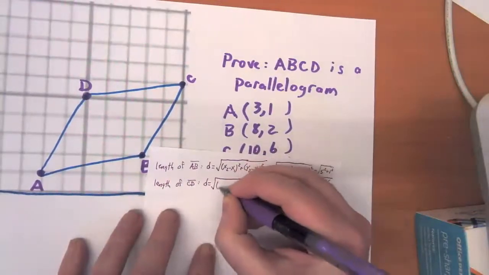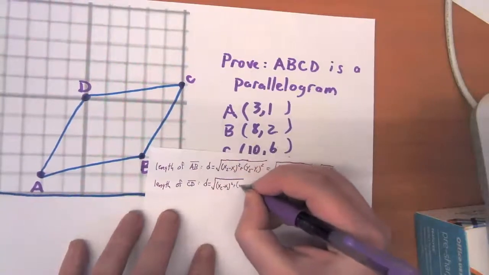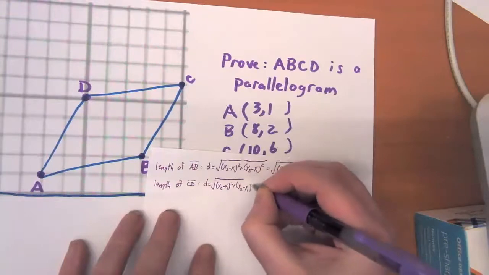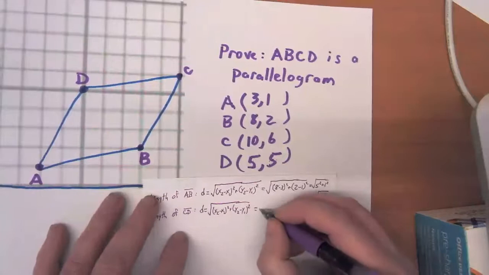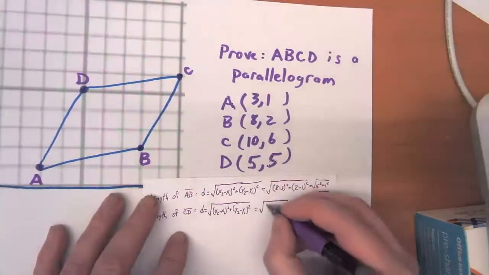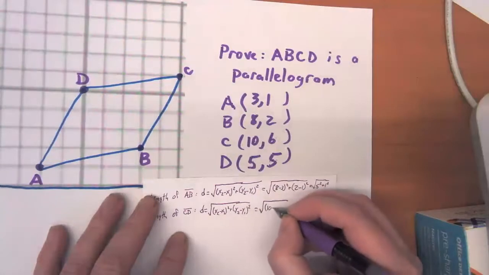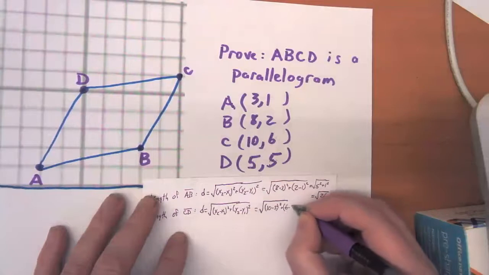Same formula, x2 minus x1 squared plus y2 minus y1 squared. This time, using these coordinates, the difference between the x coordinates is 10 minus 5, and the difference in the y coordinates is 6 minus 5.